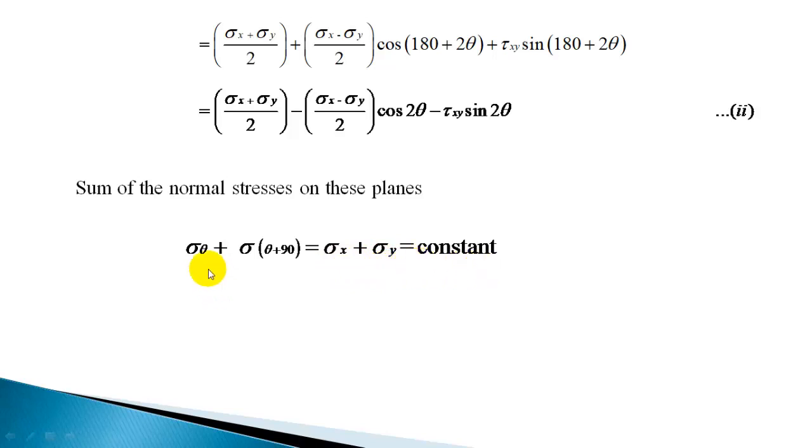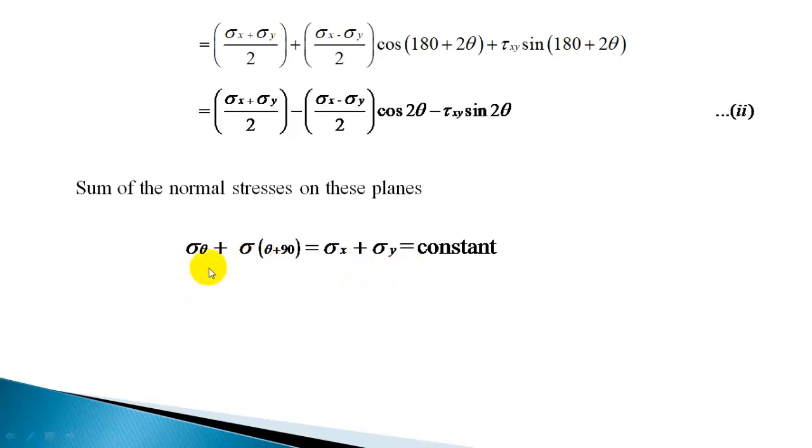That is true even for principal stresses. Principal stresses are normal stresses on two mutually perpendicular planes, the principal planes. So even sigma 1 plus sigma 2 should be equal to sigma x plus sigma y.